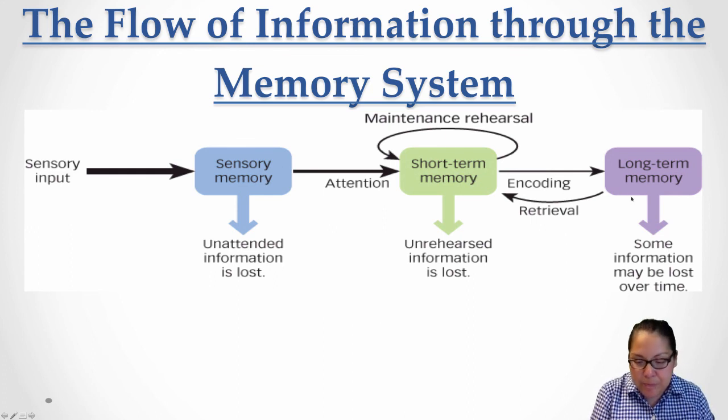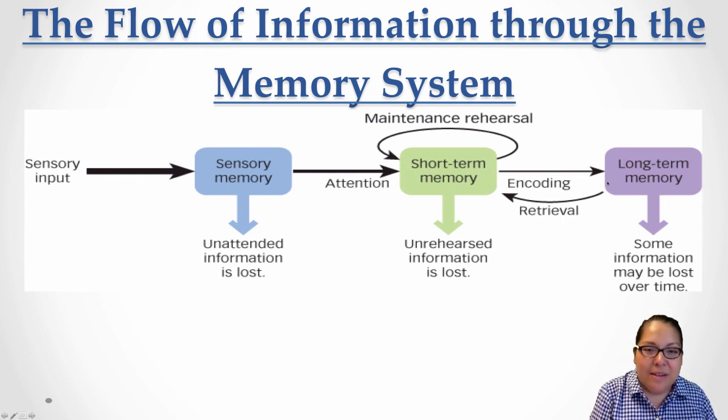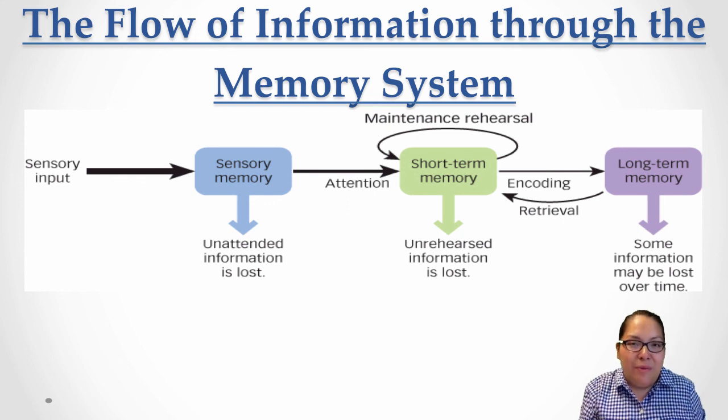But if you really think about this information and think about things on a deeper level, then that's where we see it actually encoding in our long-term memory. And so the information is eventually encoded in our long-term memory. And then, as we mentioned before, there's really no known capacity for long-term memory, so we can hold that information for a long time.